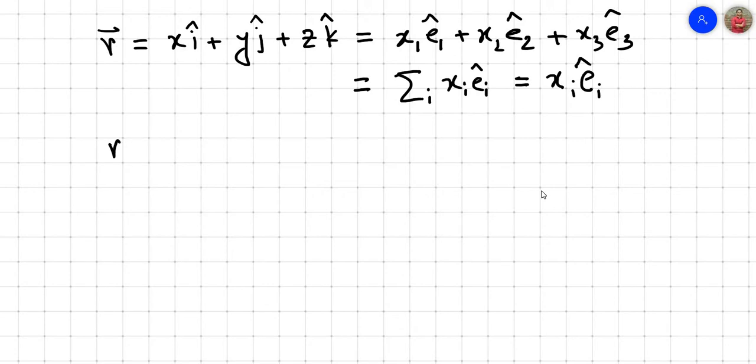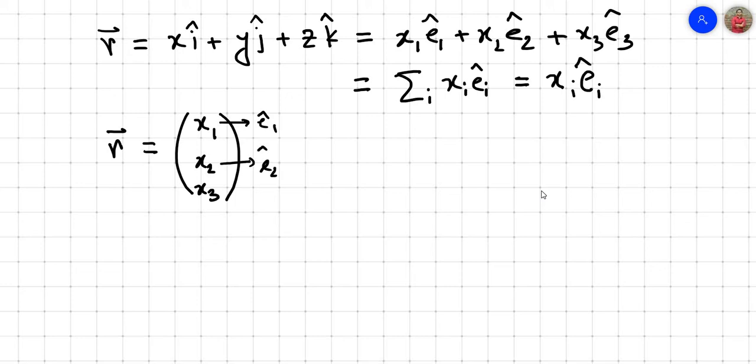We can also write r as a column matrix, that is x1, x2, x3, and the unit vectors are implicitly understood based on the position of the symbol. So this would correspond to e1, this would correspond to e2, this would correspond to e3.